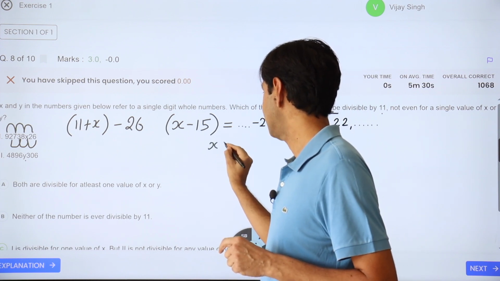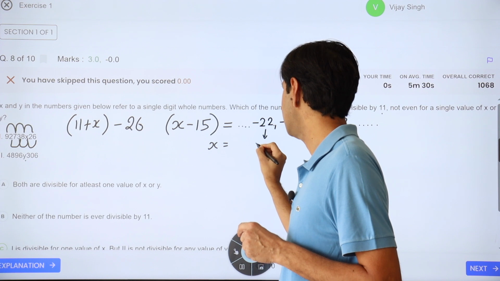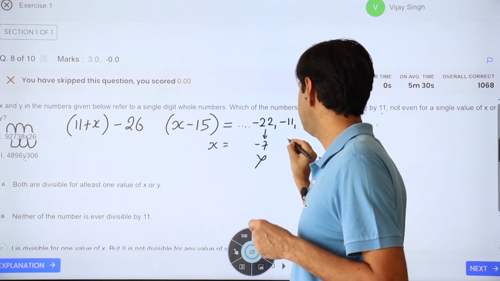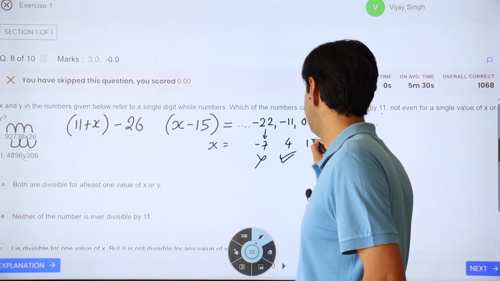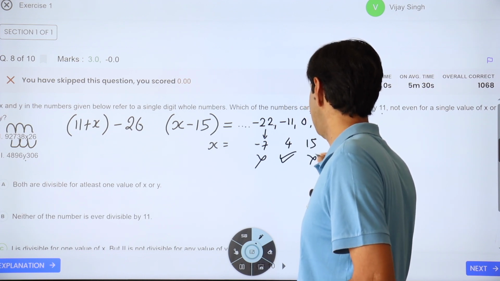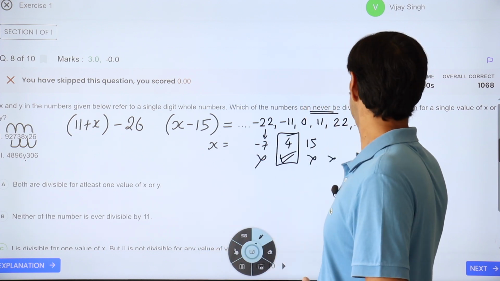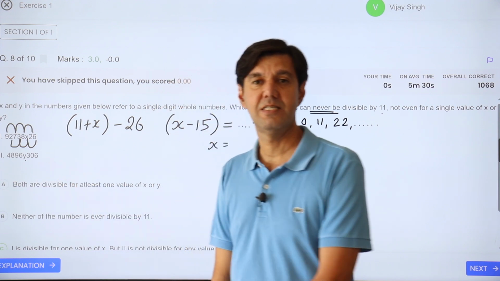So this will give me x is equal to, add a 15. When you add 15 to minus 11, I get a 4. X could be a 4. When you add 15 to 0, you get 15, so no further values, but x can definitely be 4. So which of the numbers will never be divisible? This number will be divisible for x is equal to 4.